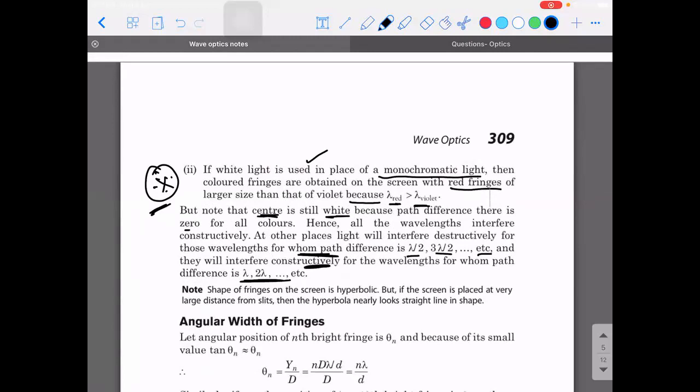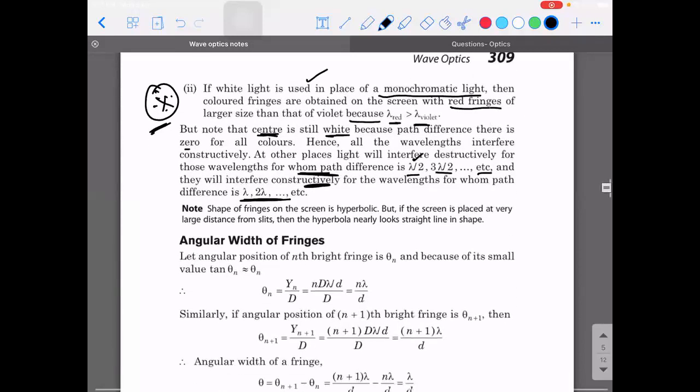I have already told you the important condition for destructive interference in CBSE: what is the path difference between two successive waves for a dark fringe to be formed? It is lambda by 2.